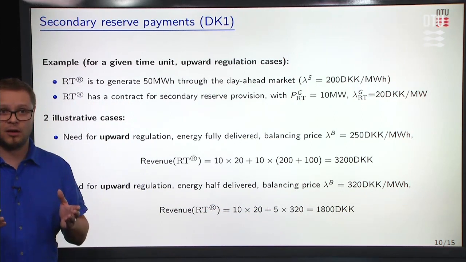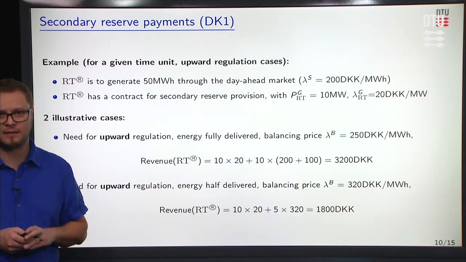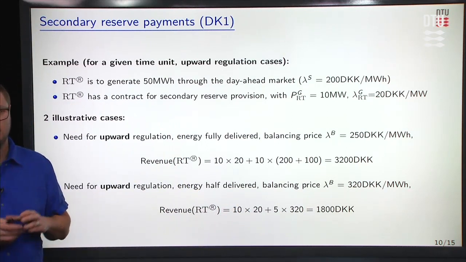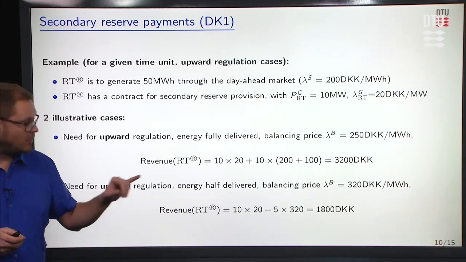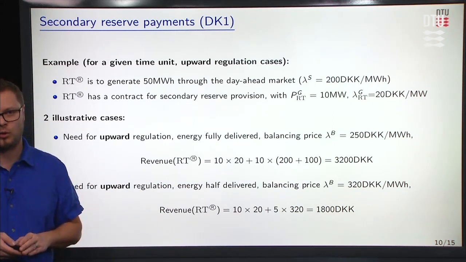This time, lambda B is more than 100 kroner higher than lambda S. It's 320 compared to 200. So we directly get the price lambda B for the energy payment. Combining the capacity and the energy payment, we get to 1,800 kroner.